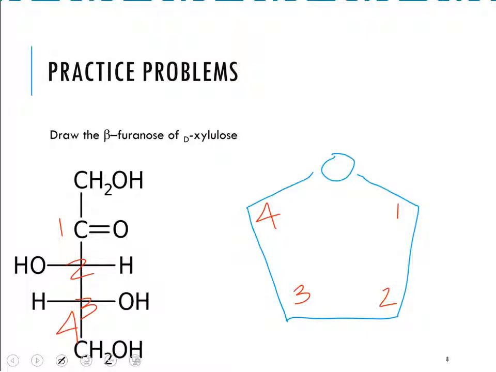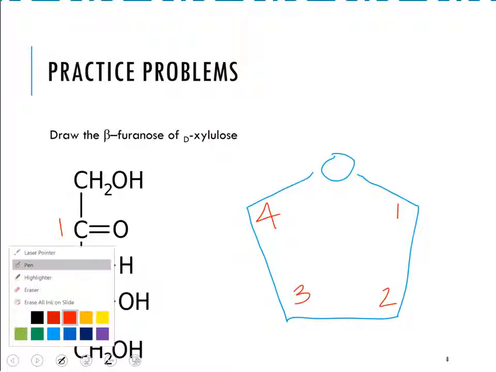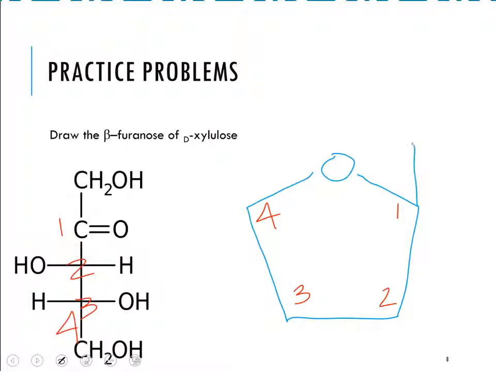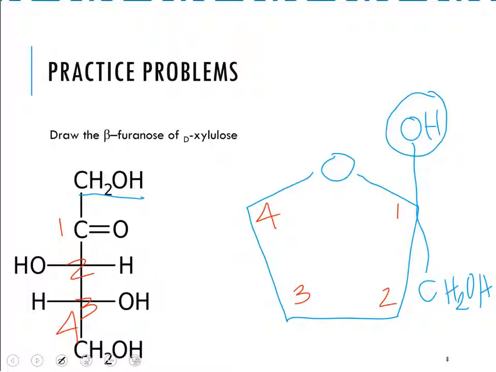So because we want to draw the beta version of this, we know that our alcohol is going to be pointing up, but then also attached to carbon number 1 is this group. So we're going to point that down, and it's just pointing down by default, really. The beta tells us that this group points up, so then if there's anything else attached to it, it has to point down.